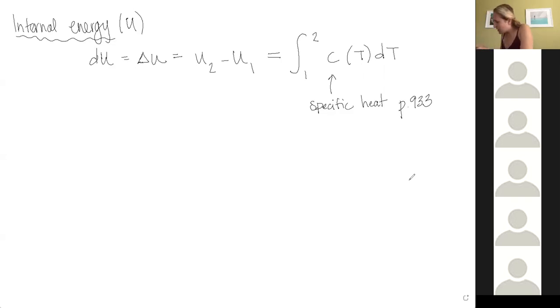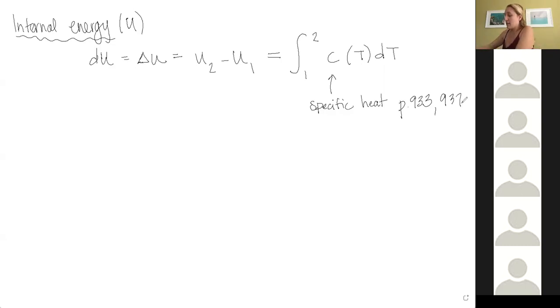On page 937, there are specific heat values for common solids and liquids. So on pages 933 and 937, you can look up these specific heat values.